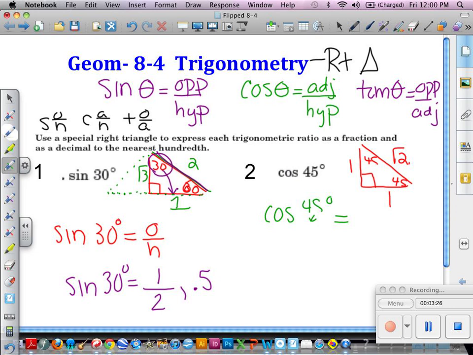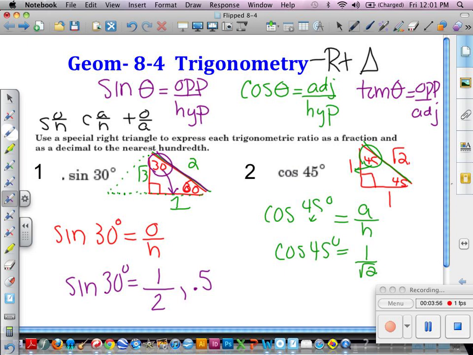And cosine is adjacent over hypotenuse. There are two 45-degree angles, so you can use either one. I'm going to look at the 45-degree angle. Adjacent is 1. Hypotenuse is root 2. So my cosine of 45, the ratio is 1 over root 2.